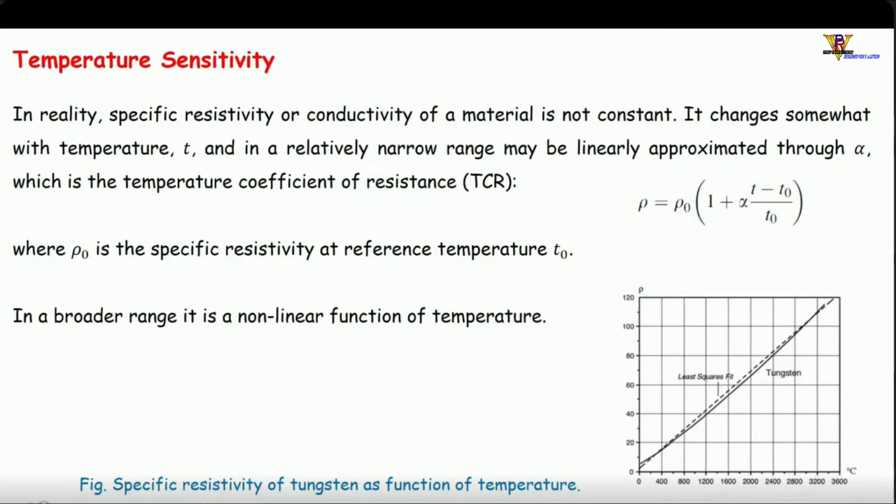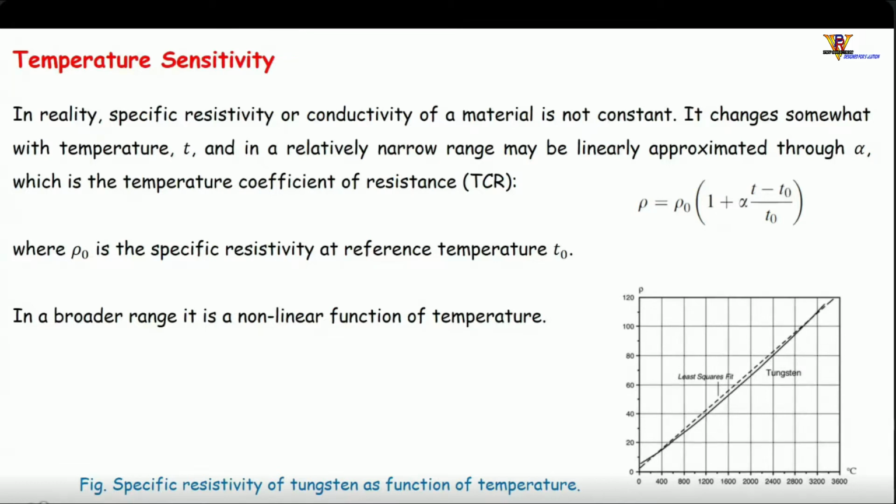Now, the resistivity of the material depends on temperature, and this alpha that comes in the expression is known as the temperature coefficient of the resistor. In a broader range, the specific resistivity is a non-linear function of temperature.